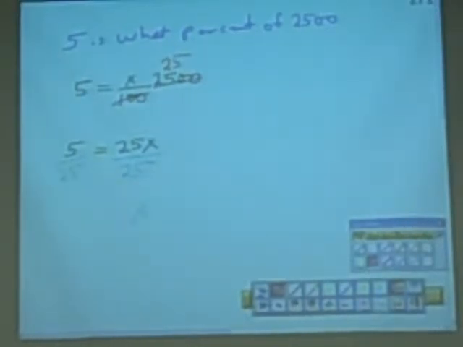And so now we get x equals to 0.2%. Remember now, when we're looking for percent, we have to put that percent sign. And so that's our answer, 0.2%.